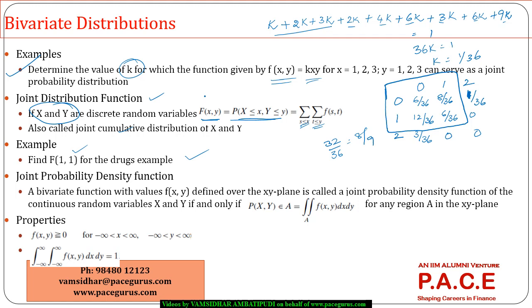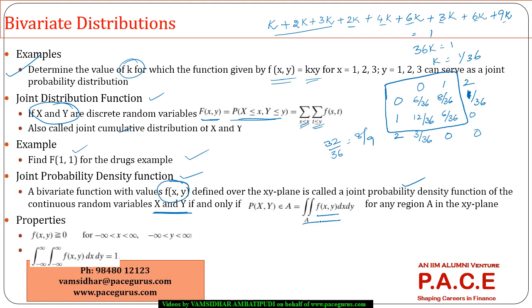So when we are working with the continuous case, we are using the word joint probability density function. So a bivariate function values f of xy is called a joint probability density function associated with the continuous random variables x and y if I am able to integrate f of xy across dx and dy, with respect to x, with respect to y in the xy plane.